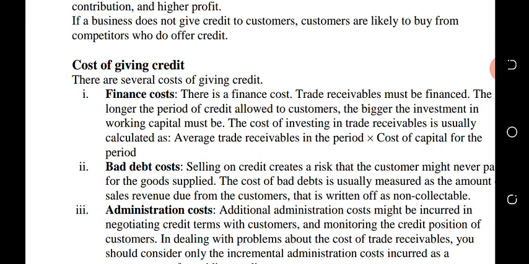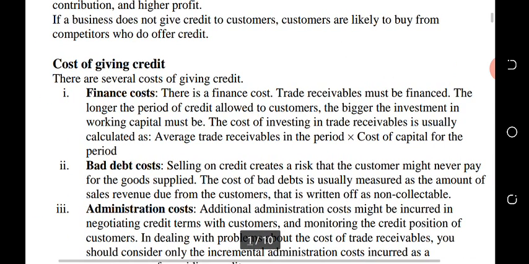Now, this finance cost arises because trade receivables must be financed. That means when you give credit, how will you finance your trade receivables? When you sell on credit, you can also purchase on credit.